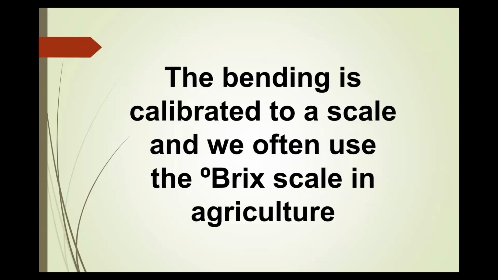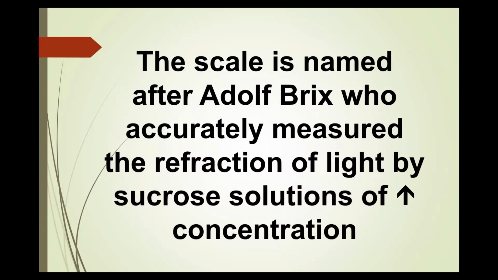The bending of the light is calibrated to a scale, and we often use the degree Brix scale in agriculture. The scale is named after Adolf Brix, who accurately measured the refraction of light caused by sucrose solutions of increasing concentration.